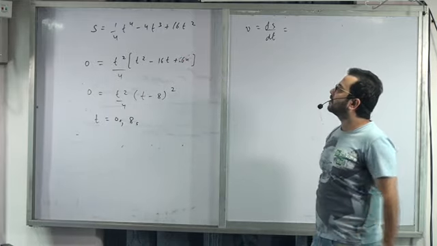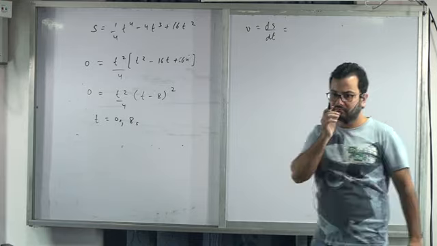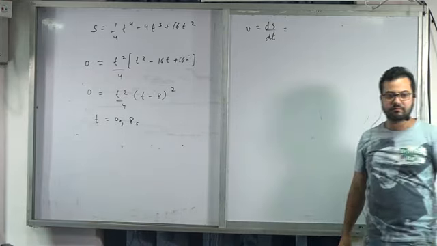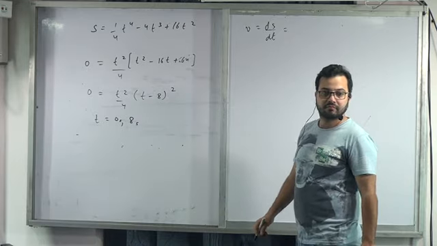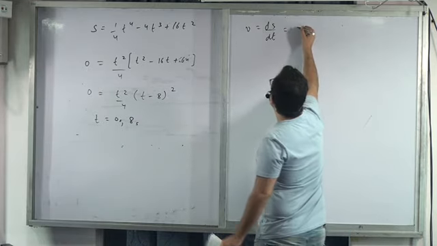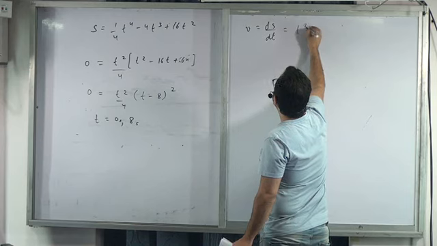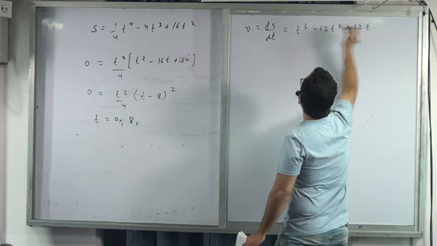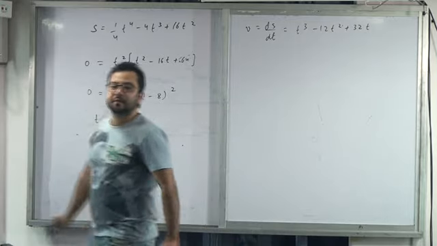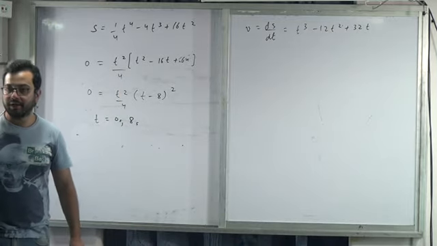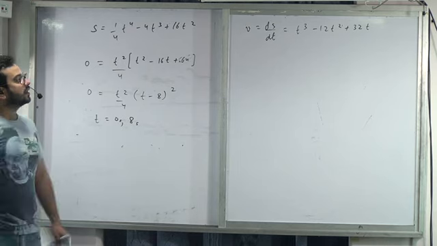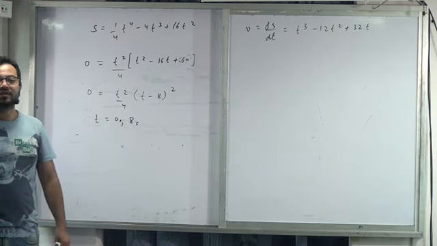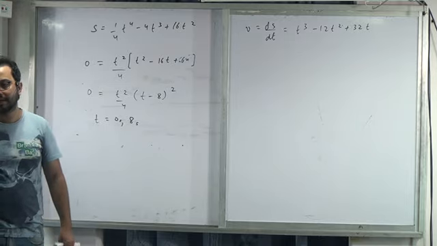So what will be ds by dt? t cube minus 12t square plus 32t. I hope everyone can do this. For x to the power n, all you need to do is differentiate, that is n into x to the power n minus 1.